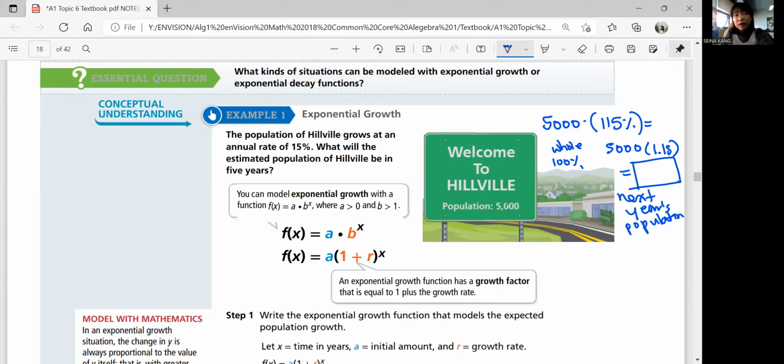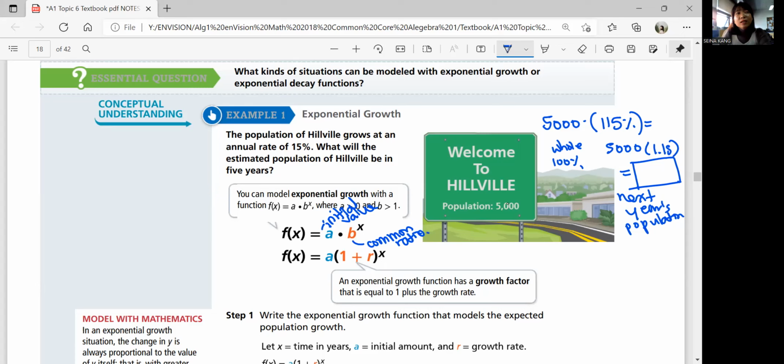And your initial value is 5,000. You're going to use the exponential function. Exponential function f of x, where you have a, and then b, the base, which is, b is the common ratio, sorry, and a is your initial value, right? Initial value. And b is the common ratio, okay?